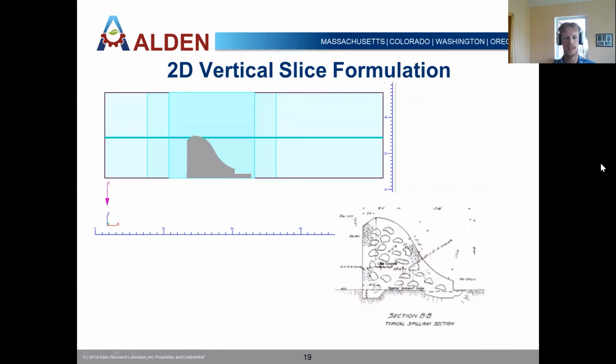And then here's the 2D vertical slice formulation. This is actually done within Flow3D, despite it only being a 2D model. In this case, you have the 2D slice where you assume symmetry on both sides, so you have this infinitely long spillway, which based on these site conditions isn't too much of an abstraction.